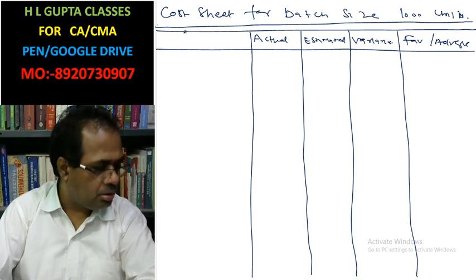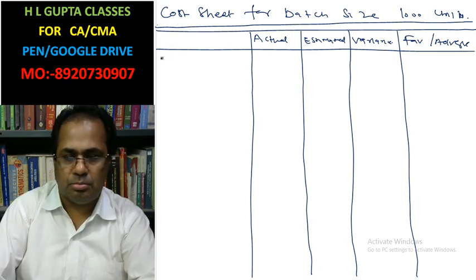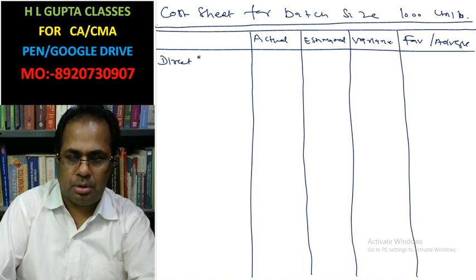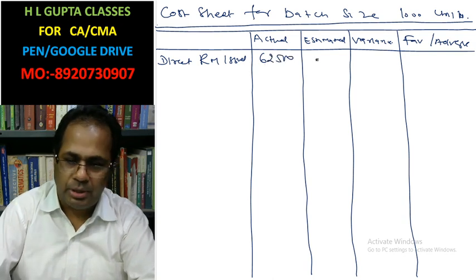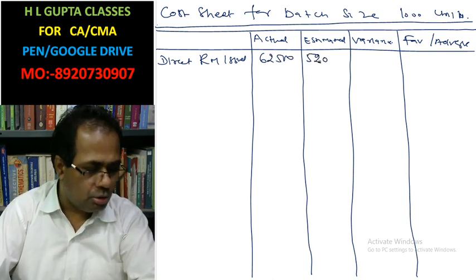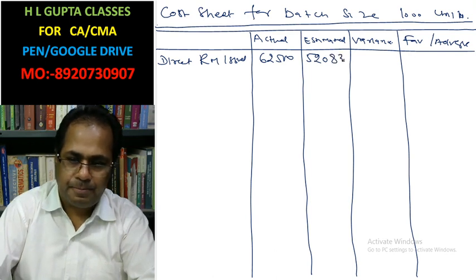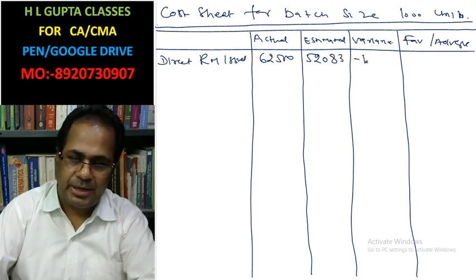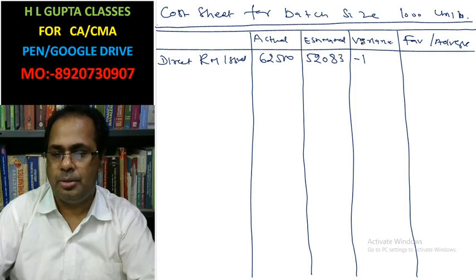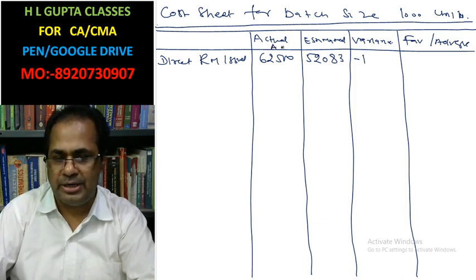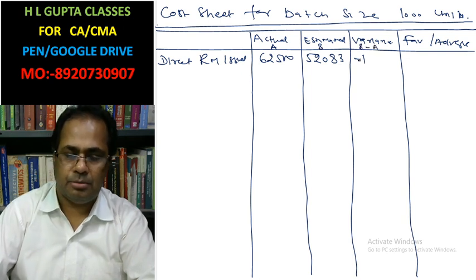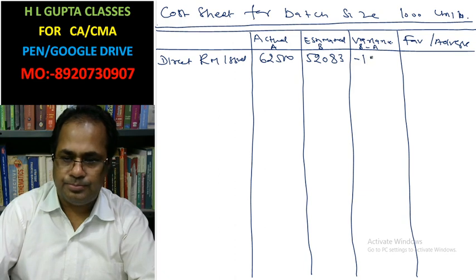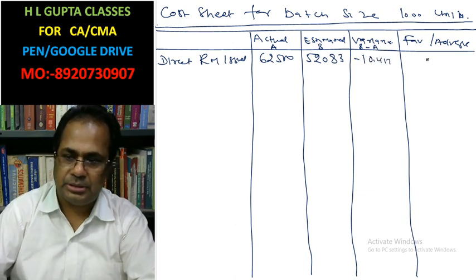Look here: direct material, raw material issued. Actual 62,500 we have calculated. Estimated 52,083. Variance, suppose this is A and this is B, B minus A, 10,417. This is adverse.